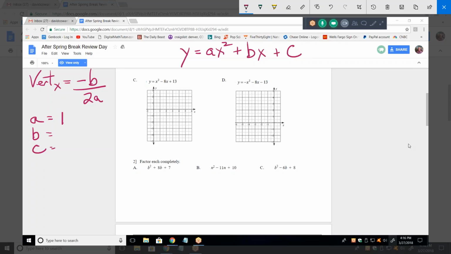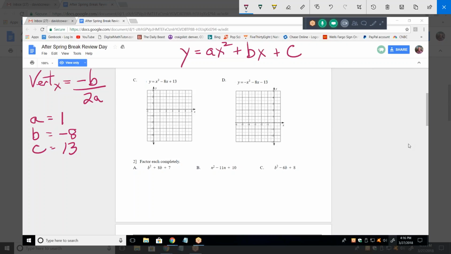B is 8? Nope, got to include its sign. Negative 8. You don't include the x ever. A, B, and C are strictly numbers. They never include a variable. So B is minus 8. And for the heck of it, what's C? Positive 13. I don't need the plus sign there.